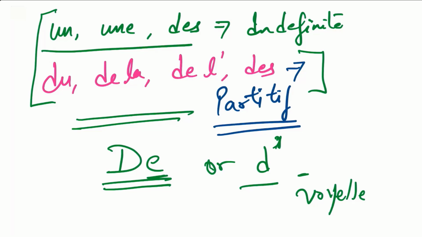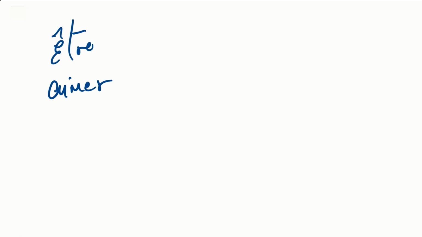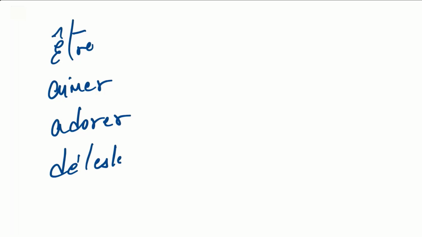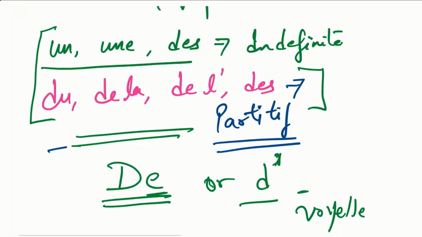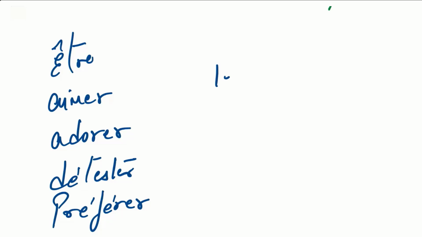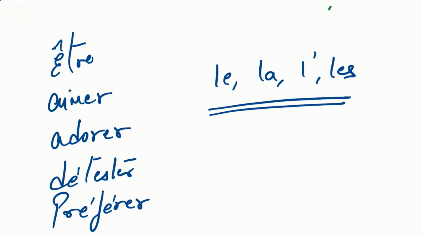One more thing, if these verbs, être, aimer, adorer, détester and préférer are there in the sentence, then this rule won't apply. Okay? And one more thing, if definite articles are there in the sentence, then they won't change, they will remain the same. Let's do a few examples and it will be clear to you.